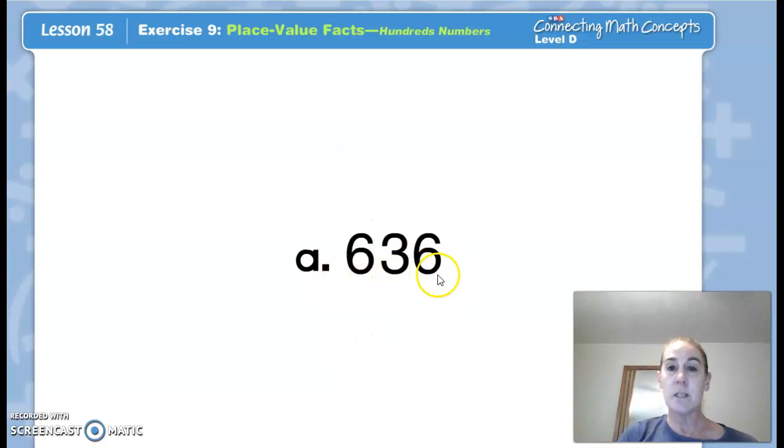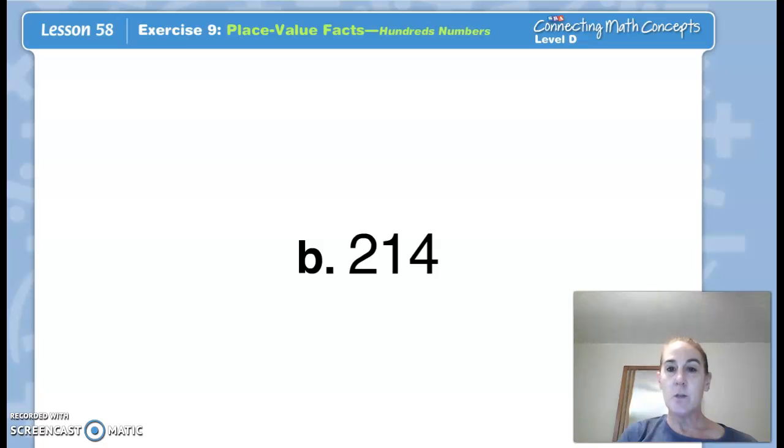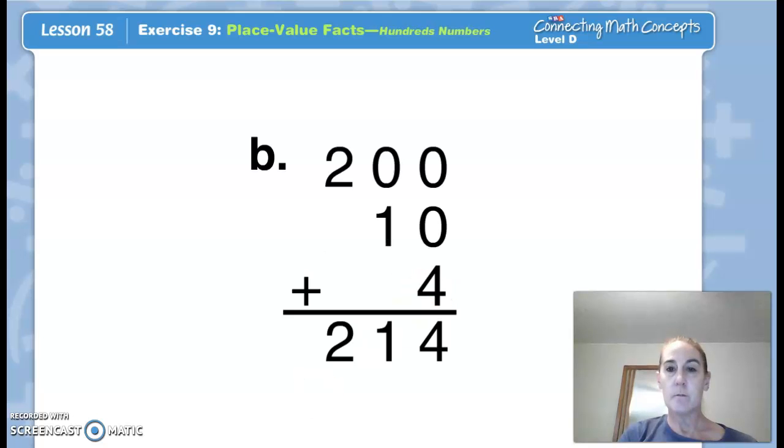So now this one's 636. We'd have 600 plus 30 plus 6. And there it is. So that's when we stretch it out. 214, we'd write 200 plus 10 plus 4. And there's your place value fact.